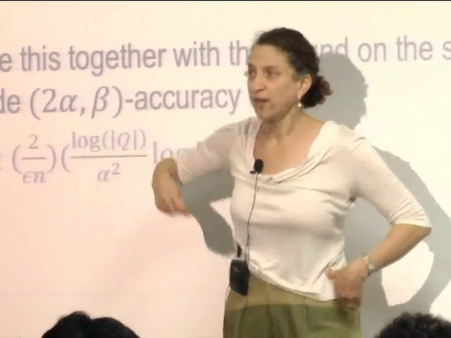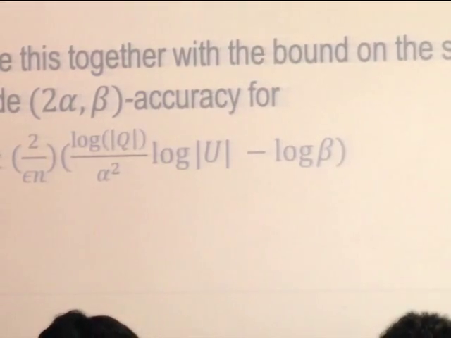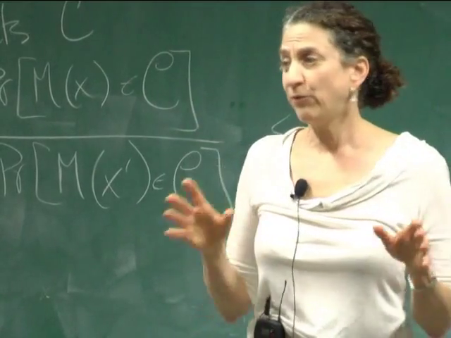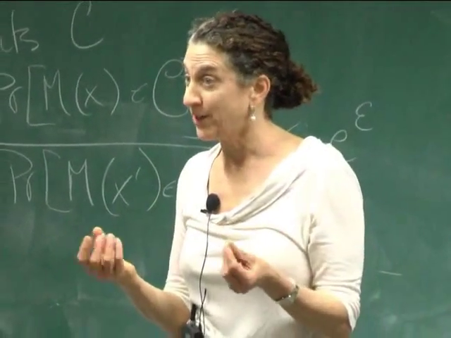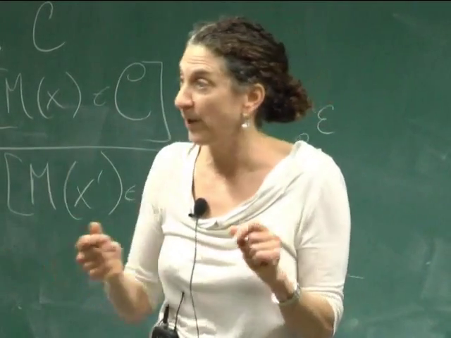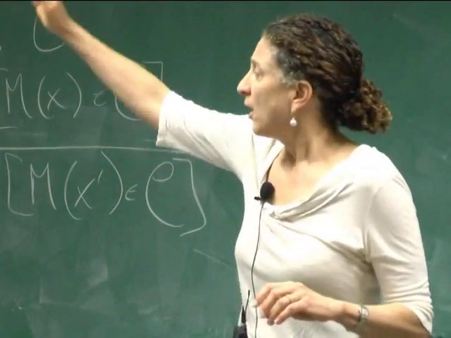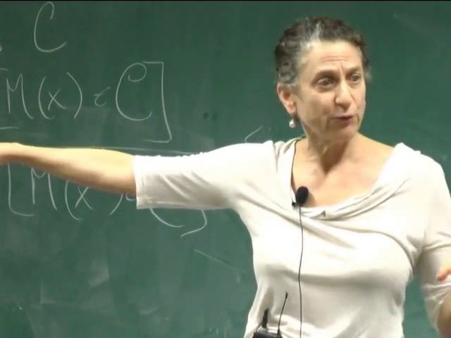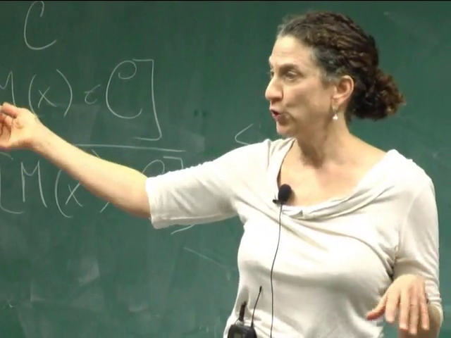When you take all of this and you chug on it, if you just look at the dependence in n, you end up being able to show that for true counting queries, not fractional counting queries, so you multiply through by n, you get a dependence on n for your error that looks like n to the 2/3.